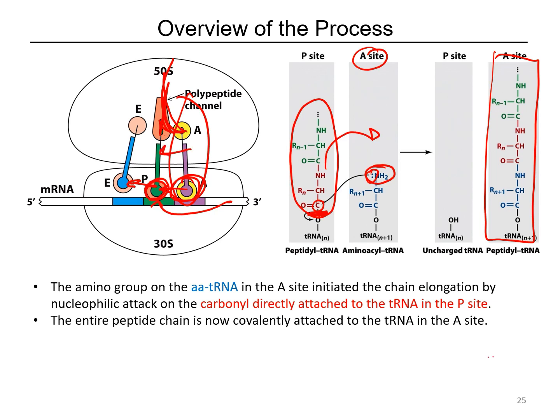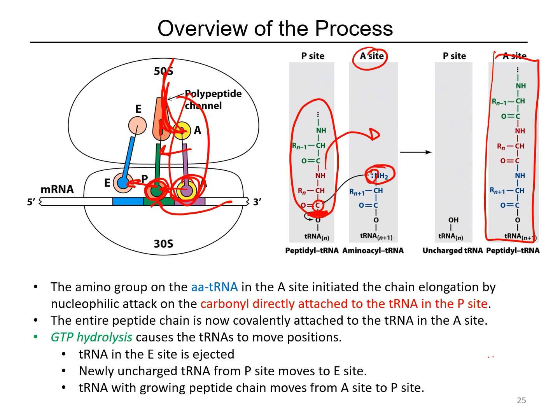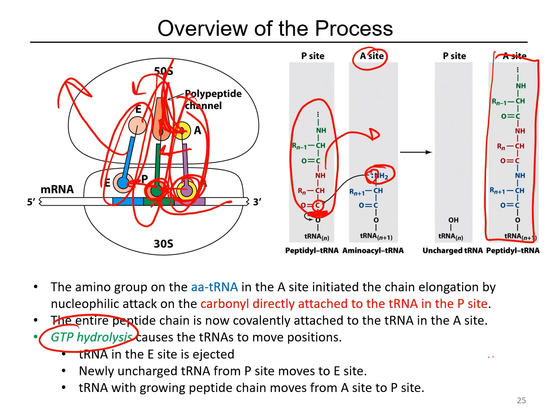This happens, it's a process called translocation, and it relies on hydrolysis of GTP, okay? When translocation happens, this tRNA is ejected, the tRNA in the P site moves over, and the tRNA in the A site that has this big long polypeptide chain also moves over.